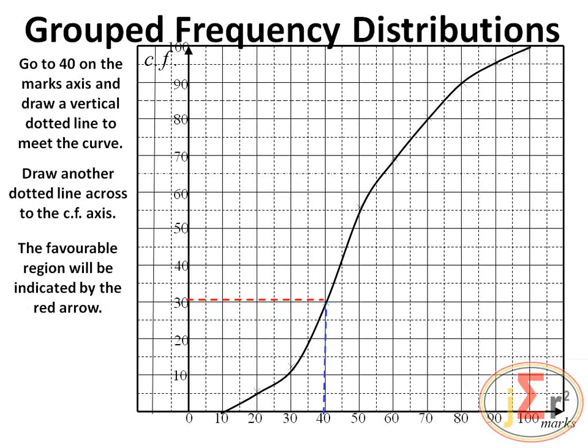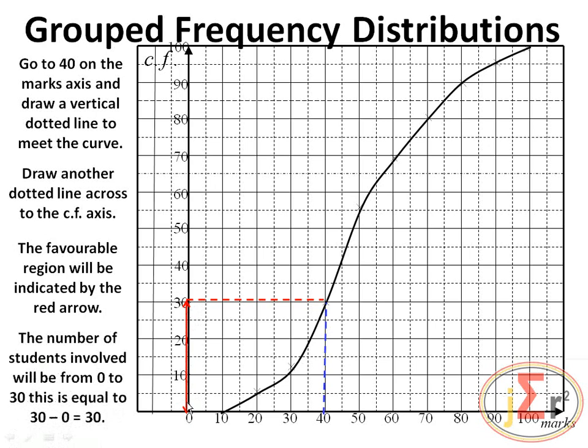The favorable region will be indicated by the red arrow, and there we have our red arrow. But not a surprise, because we need the number of students who get less than 40 marks. So when we go over to the cumulative frequency, we have to talk about the region that is below the marker. And how many students are below the marker?